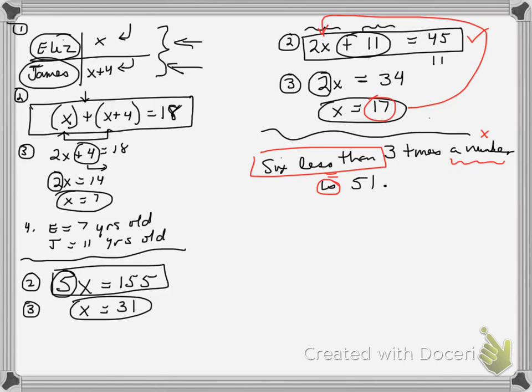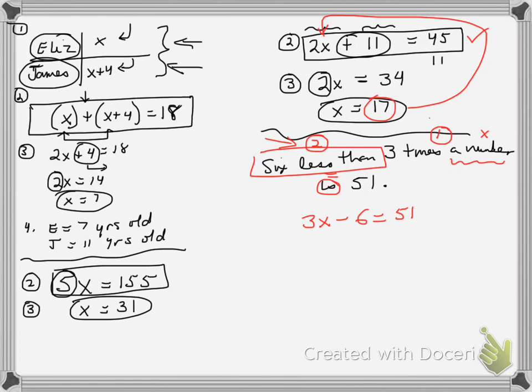If I have 6 less than another number, this is going to be the first number, and this is going to be the second number. So let's start with my first number: 3 times a number. 6 less than would be minus 6. That's the one you want to look at. "Is" means equal, 51.